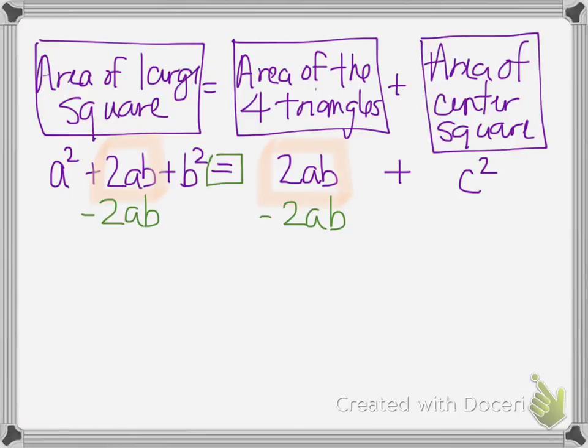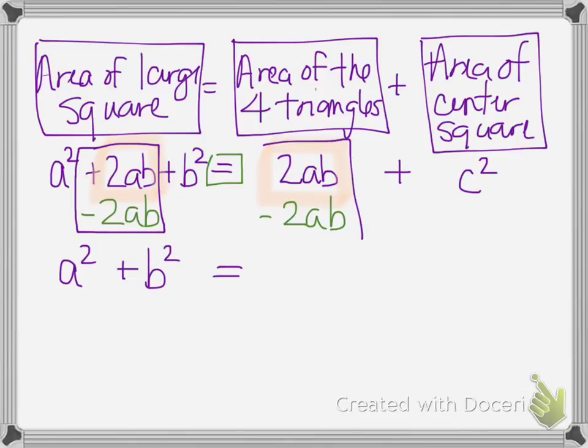So when I do that, I'm left with only a squared plus b squared on this side of the equal sign, because 2ab minus 2ab becomes 0. Same thing over here. This becomes 0. And we're left with only c squared on that side of the equation.